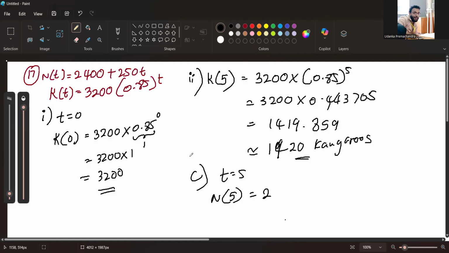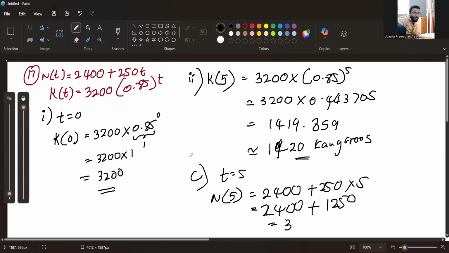N(5) equals 2400 plus 250 times 5. When you multiply 250 times 5, it's 1250. When adding them, it's 3650 koalas. How many koalas are there? 3,650 koalas.